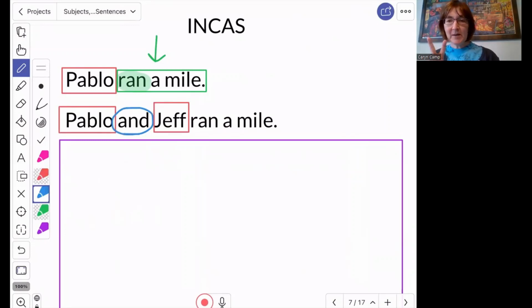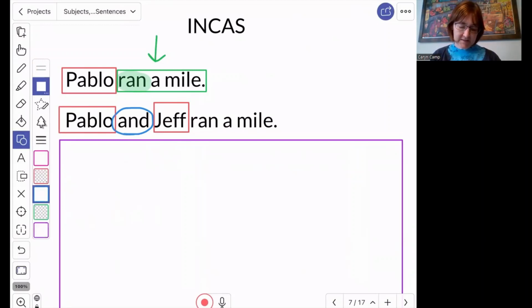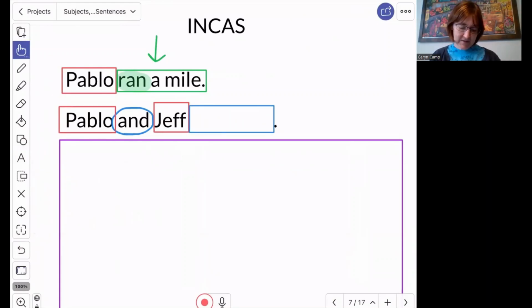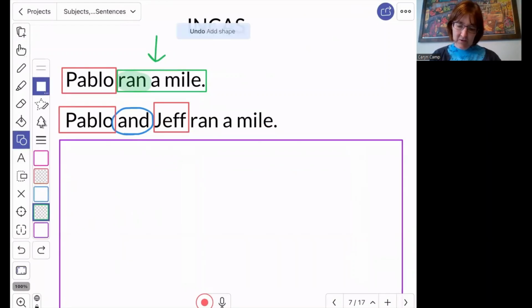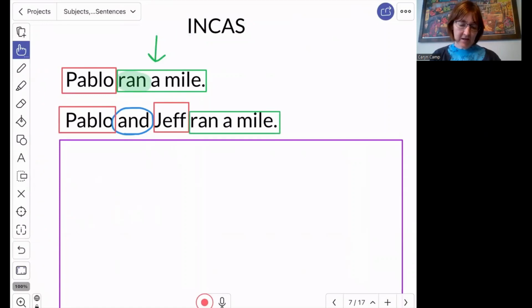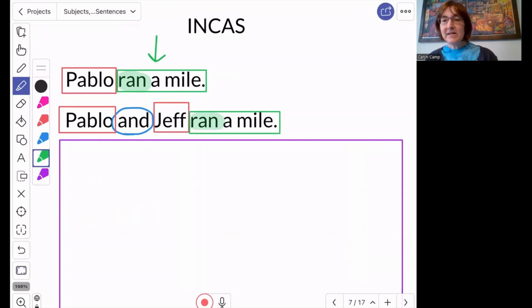So we have 2 subjects running a mile. So we call this a compound subject. And our predicate is still ran a mile. Ran a mile. And that's the complete predicate because it includes all the words. And then the simple predicate is just the verb. This sentence does have a compound subject.